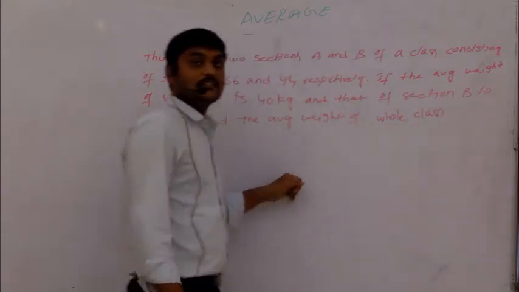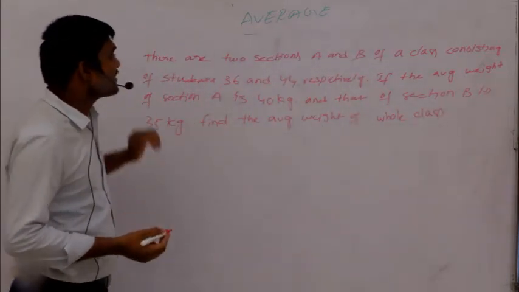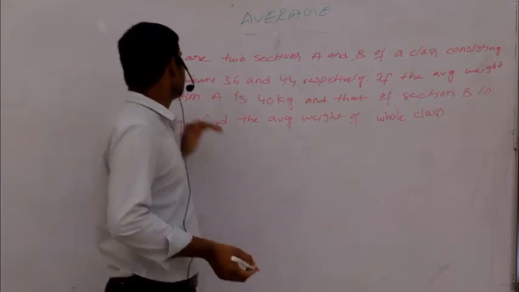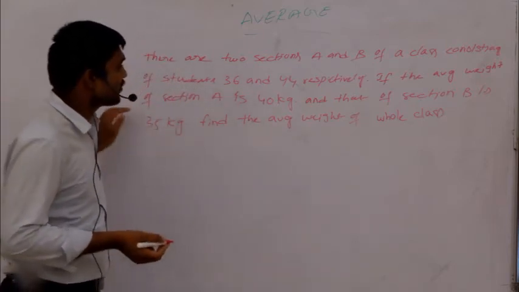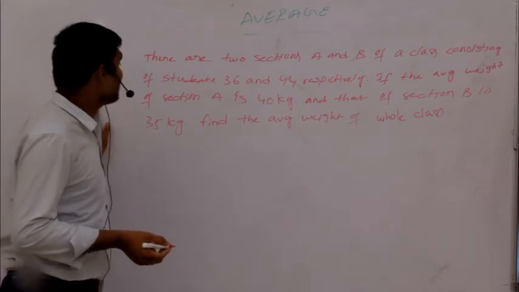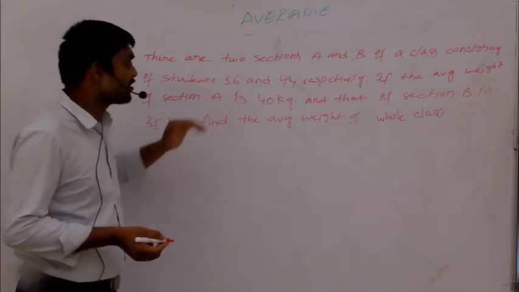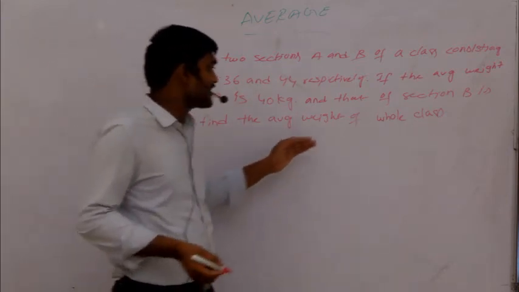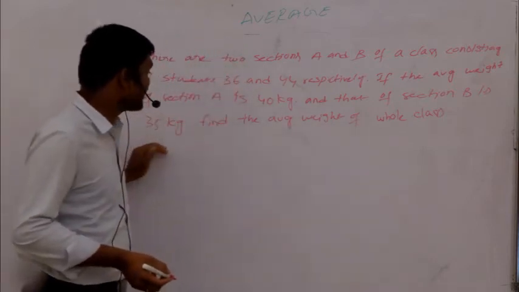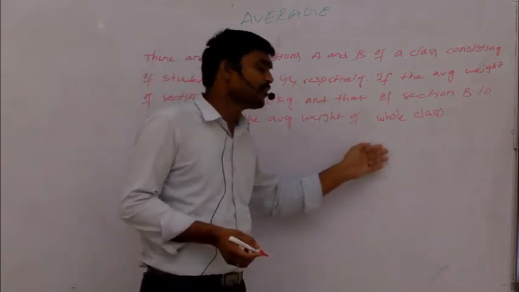So here once again there are two sections A and B of a class consisting of 36 and 44 students respectively. If the average weight of section A is 40 kg and that of section B is 35 kg, find the average weight of the whole class.